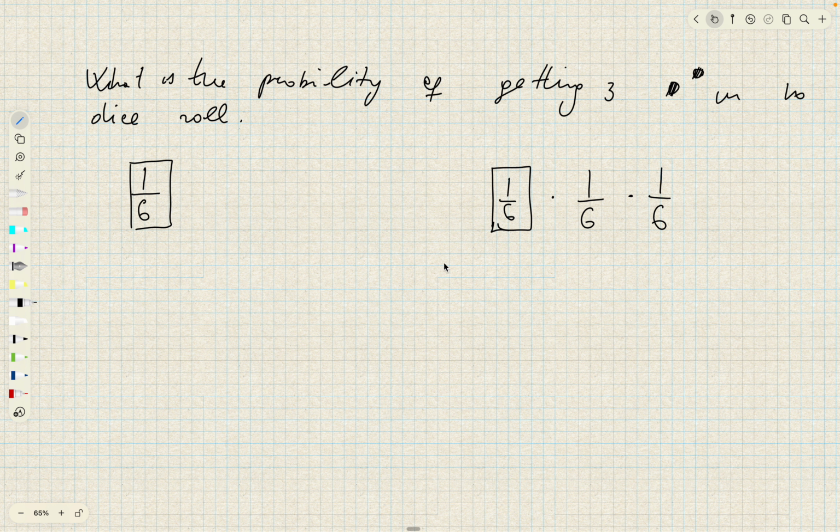So let's say we have 10 events: 1, 2, 3, 4, 5, 6, 7, 8, 9, 10. They are independent. And we're saying what is the probability of getting 2 3 times.